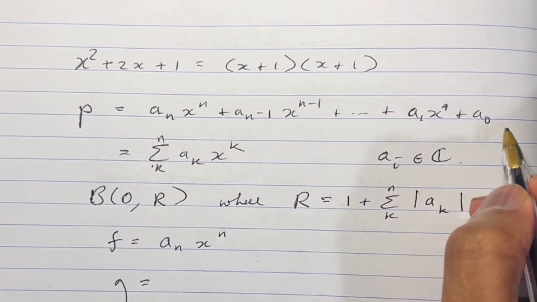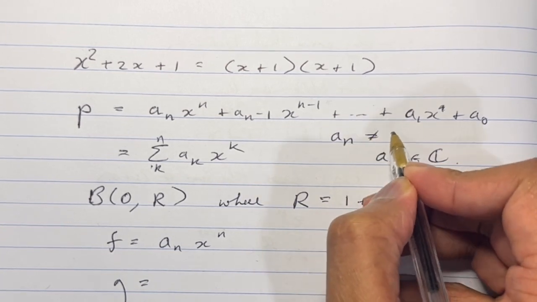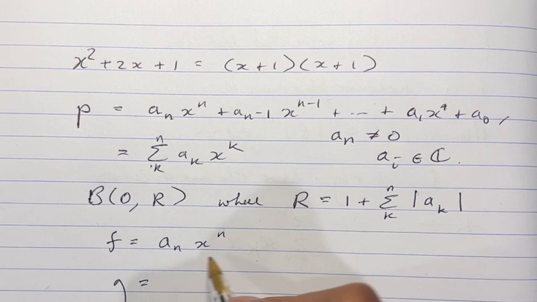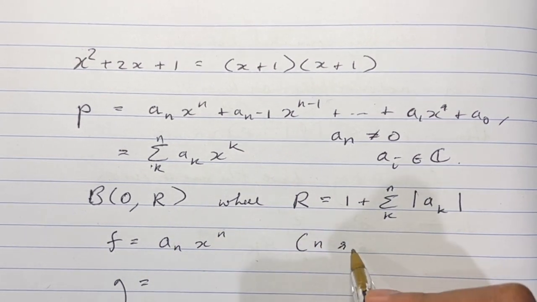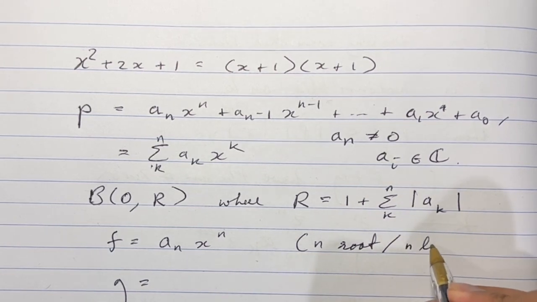In this case, because we want it to be degree n, a_n is not equal to 0, right? Because we want P to be of degree n. And because a_n is not equal to 0, this has n roots counting repeated roots, or n linear factors.